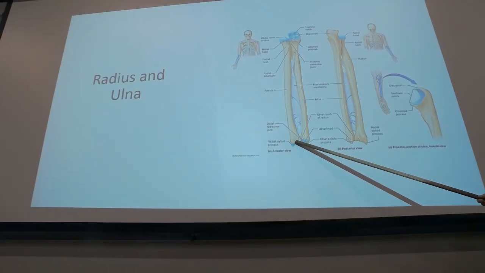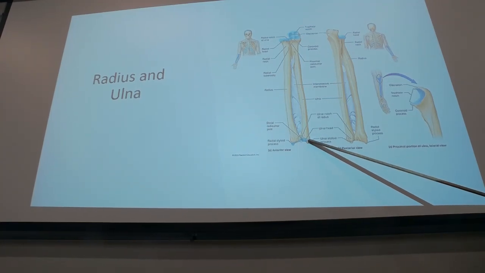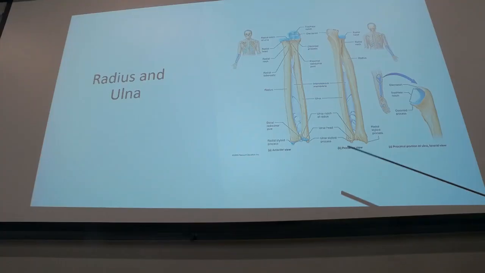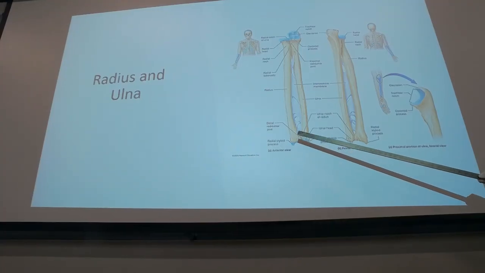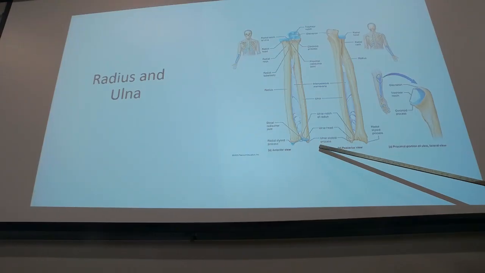And then medially, this broad part of the radius has this notch for the articulation of the head of the ulna to make the distal radioulnar joint.